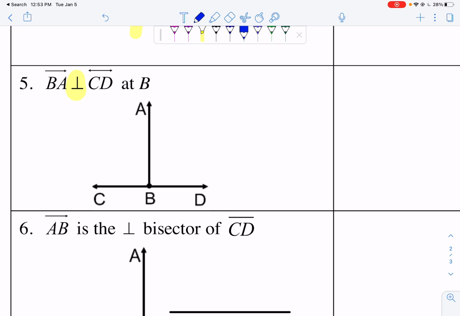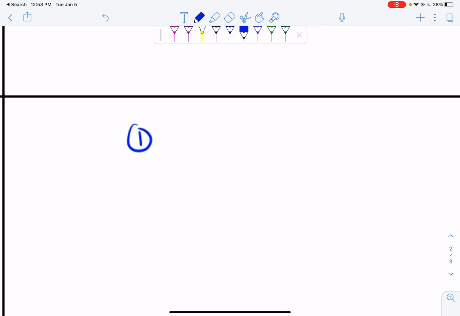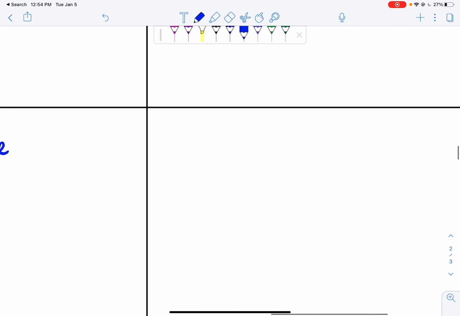So I can make this an angle 1 and an angle 2. The first thing I can say is angle 1 and angle 2 are right angles, and my reasoning would be perpendicular lines create right angles.